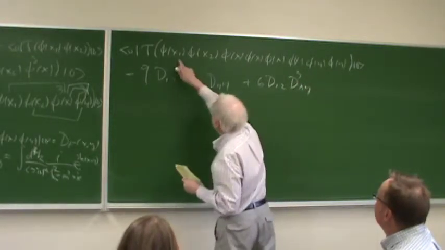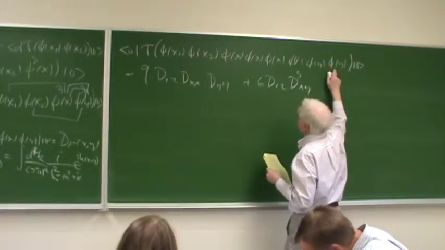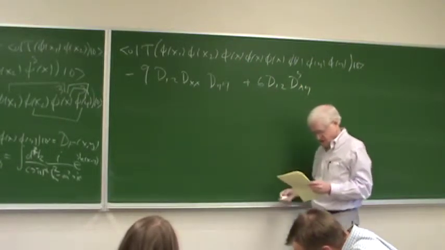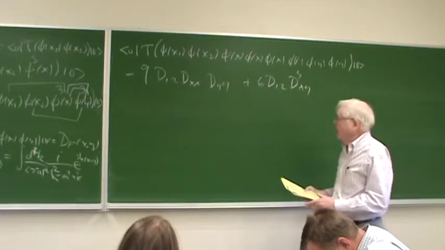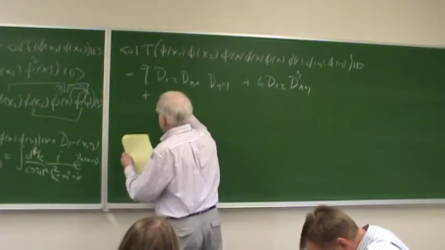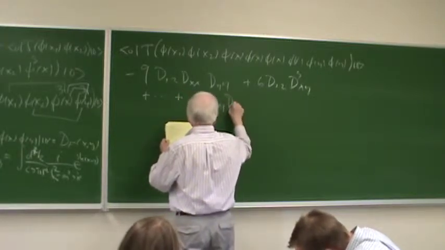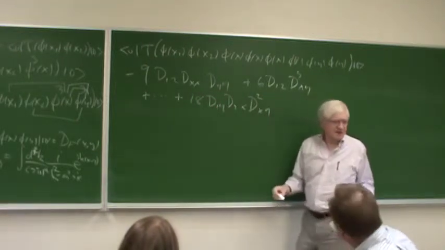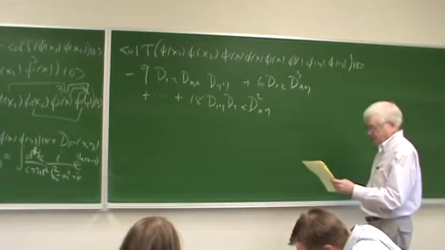That's when x goes with y, and now we contract every x with every y. So the first one has 3 choices, the second one has 2 choices, so you get 6. I don't think it makes sense to write down the rest of that formula. I'll just say plus dot dot dot, and the last term is 18 D1y D2x D squared xy. You can read it in the book there. And then you have to integrate over d^4x, d^4y.